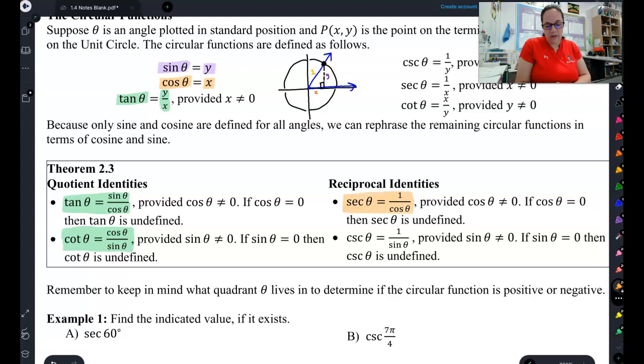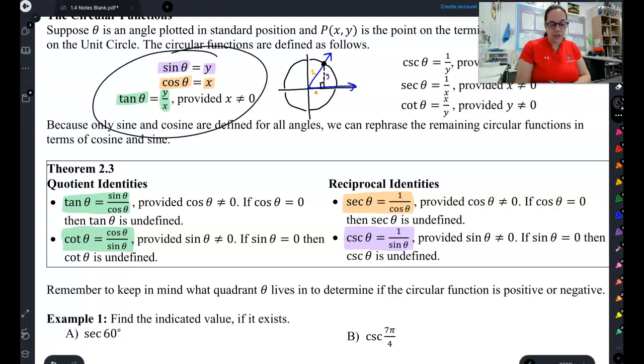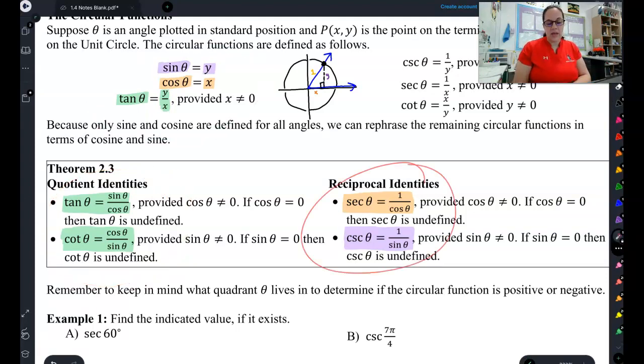Just take the cosine value and flip it. And cosecant is 1 over sine. Take the sine value and flip it. And these are the first equations you have on your first memory test. We have the definitions of our functions, we have our quotient identities, and our reciprocal identities.